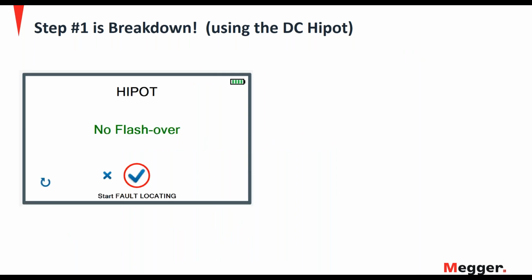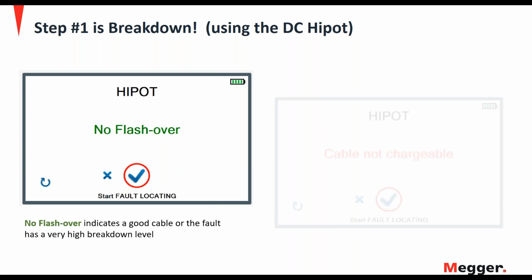But before we do that, let's look at a couple other messages you might get. You could get a message at the end of a breakdown test that says no flashover. And that could indicate that you're on a good cable. It shouldn't happen, but sometimes a cable might be mistagged or something. So the no flashover, it doesn't guarantee that you have a good cable, but it's a strong clue that your cable's not faulted.